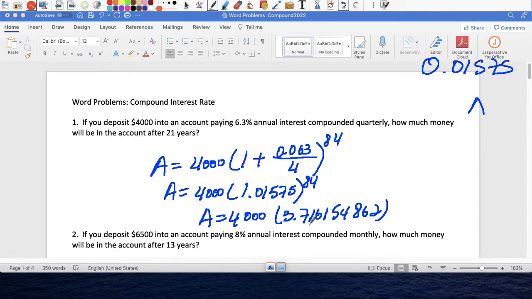And your account, after 21 years, is going to have $14,864.61. That's how much your account is going to have, and that includes your $4,000. So you made about $10,000.